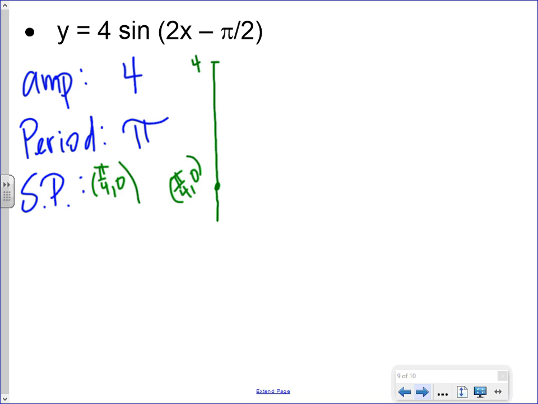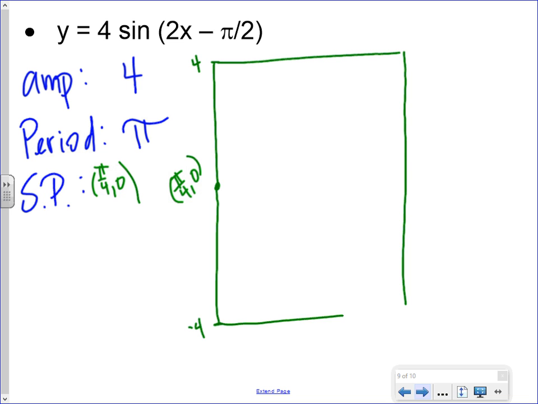We're going to go down until we stop at -4. We're going to go over how far? We're going to go over pi. So if we begin at pi over 4 and we go the length of pi, where are we stopping? 5 pi over 4.